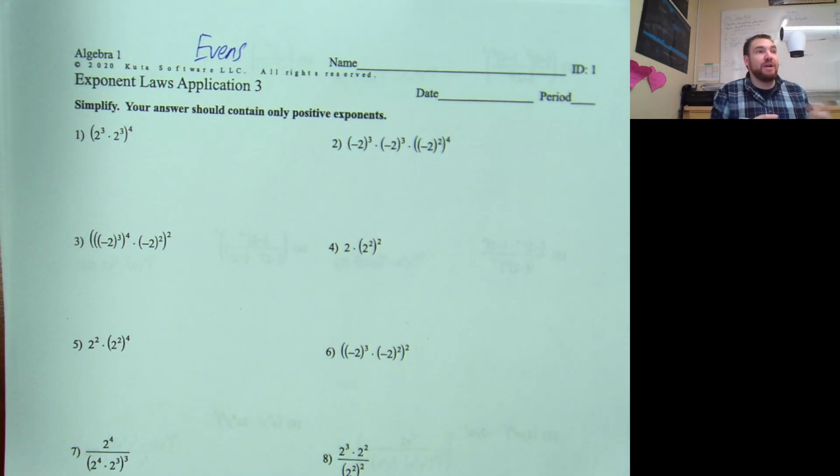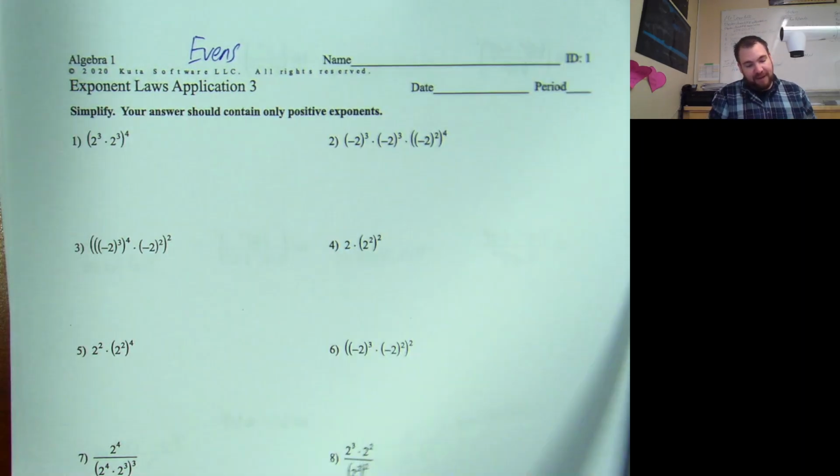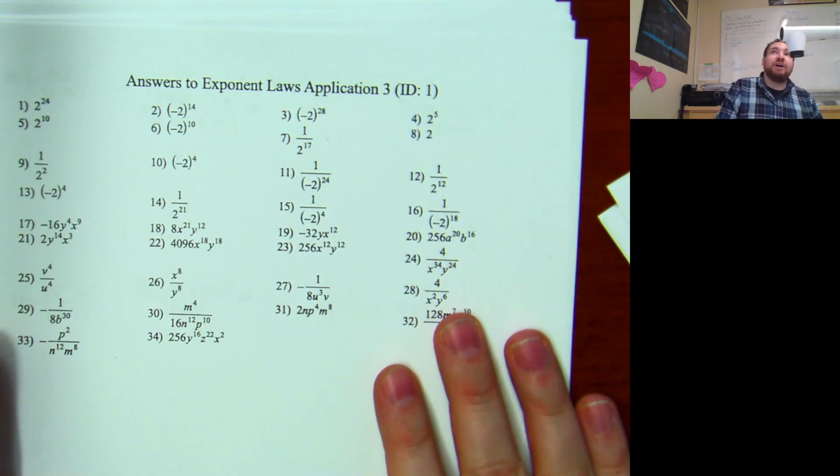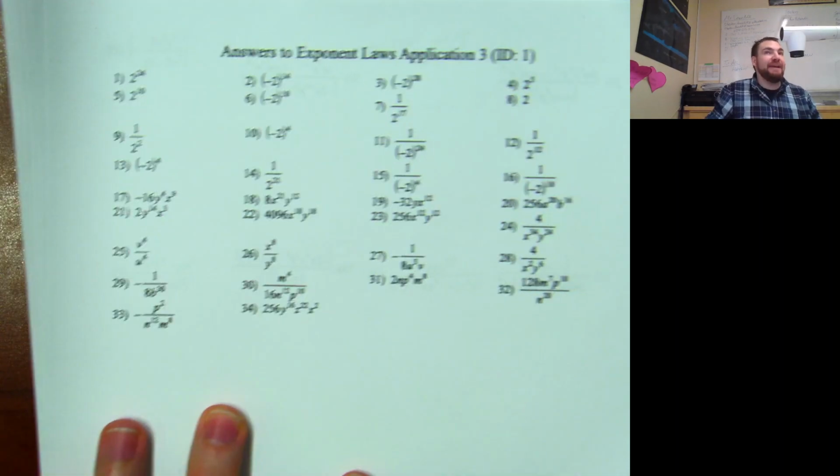So Exponent Laws 1, you're doing odds. Exponent Laws 2 is optional. Do it or don't. I don't care. If you want the extra practice, it's there. Exponent Laws Application 3, I want you to do the evens. And then if you flip the page, you'll find the answers to Exponent Laws 3, and then the page is blank, so we're all good.